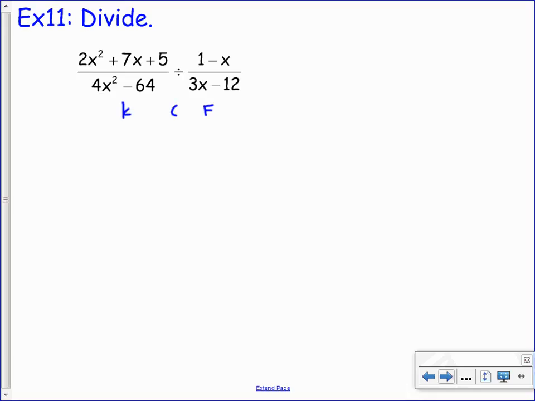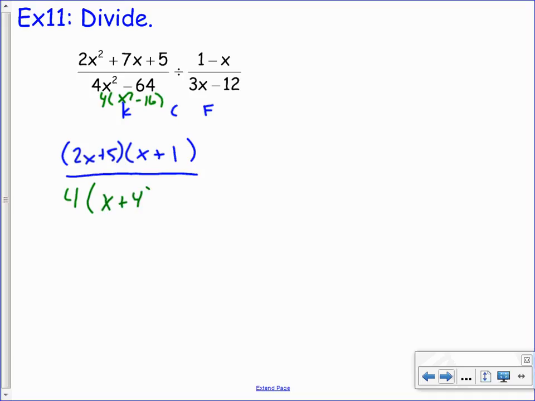Factoring the first one, you should get 2x plus 5, and then x plus 1. Factoring the bottom one, remember it has a GCF of 4, and so that's x squared minus 16. So this bottom one is 4 times x plus 4 times x minus 4.